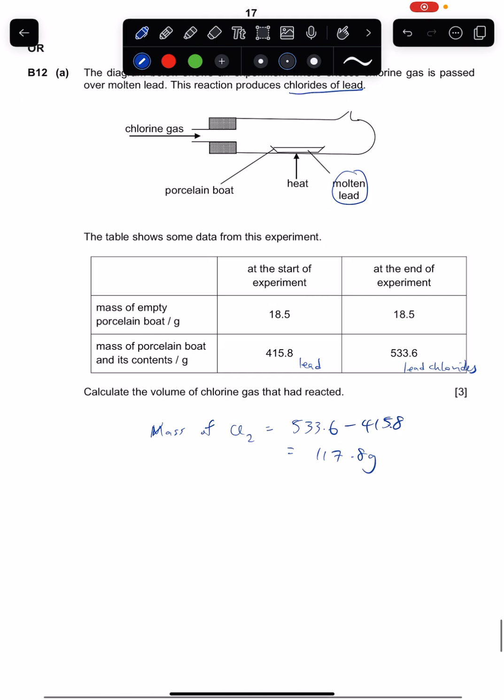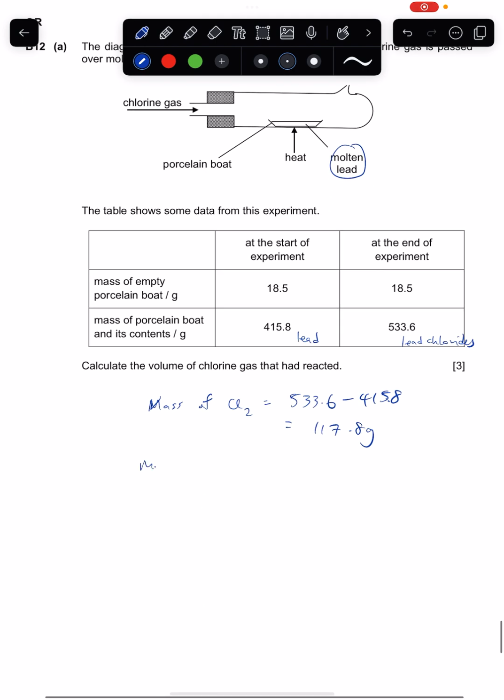Then, I have mass, I will always change to mole lah. So mole of Cl2, 117.8 divided by 71. Just press calculator. I get 1.659. Okay, cool.